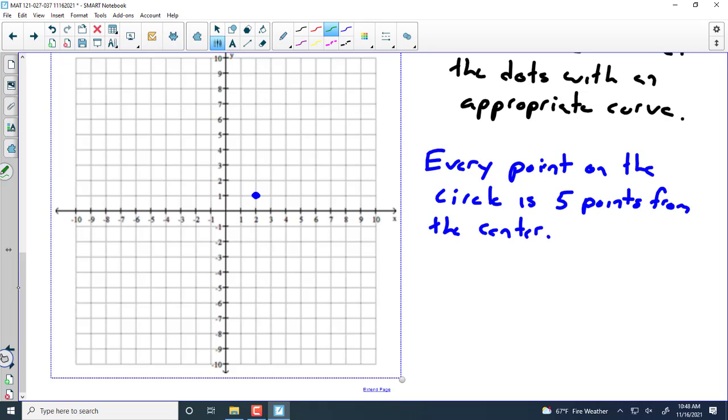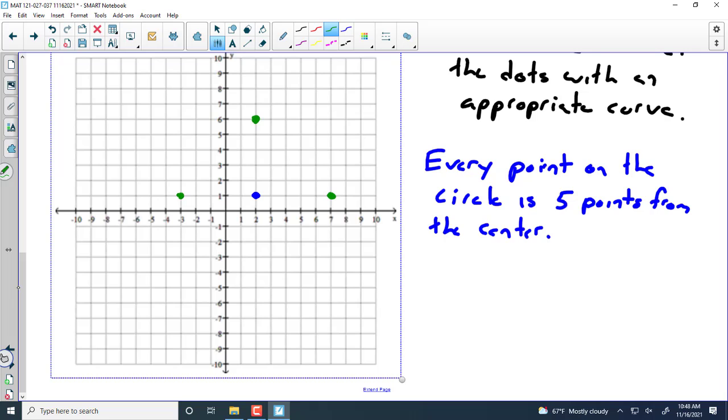So where are the easiest points to find? From here, where are we going to go to get our points? Up 5. Let's go up 5. Where else are we going to go? Right 5. Where else? Left 5, and down 5.